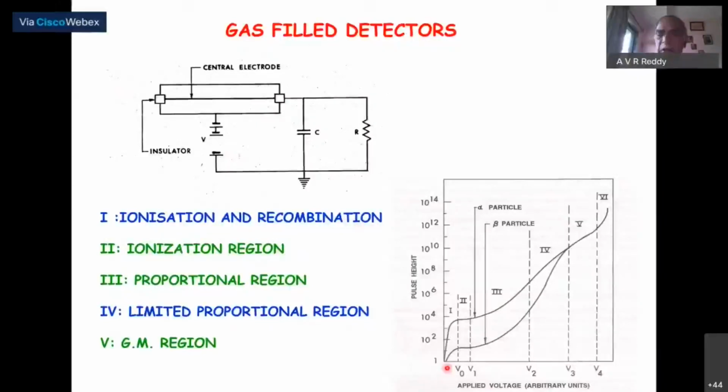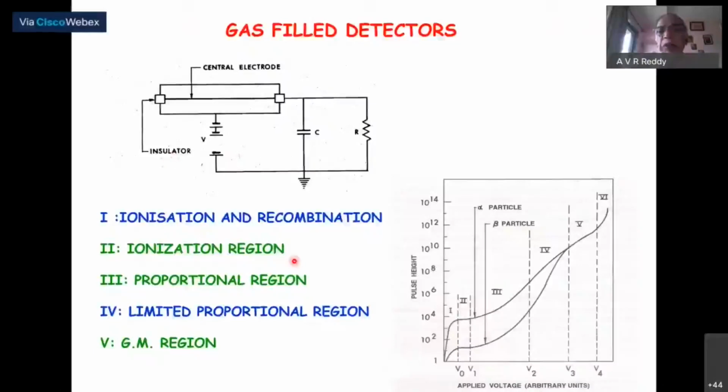Therefore, there will be a tussle from 0 volts up to a particular voltage, where a few ions are left that will conduct. So a stage will come at a certain voltage, about 100 volts for a typical geometry in this case, where all the ions will be collected.